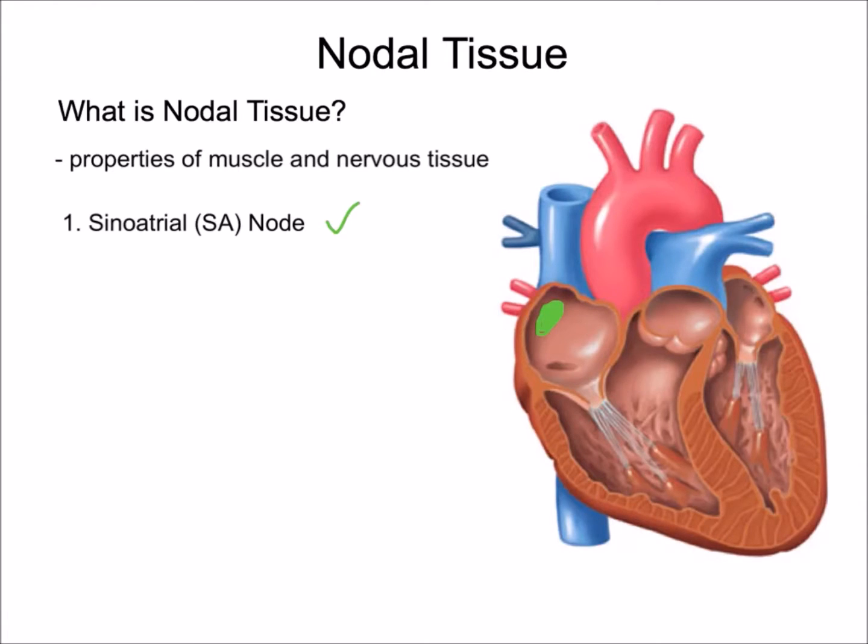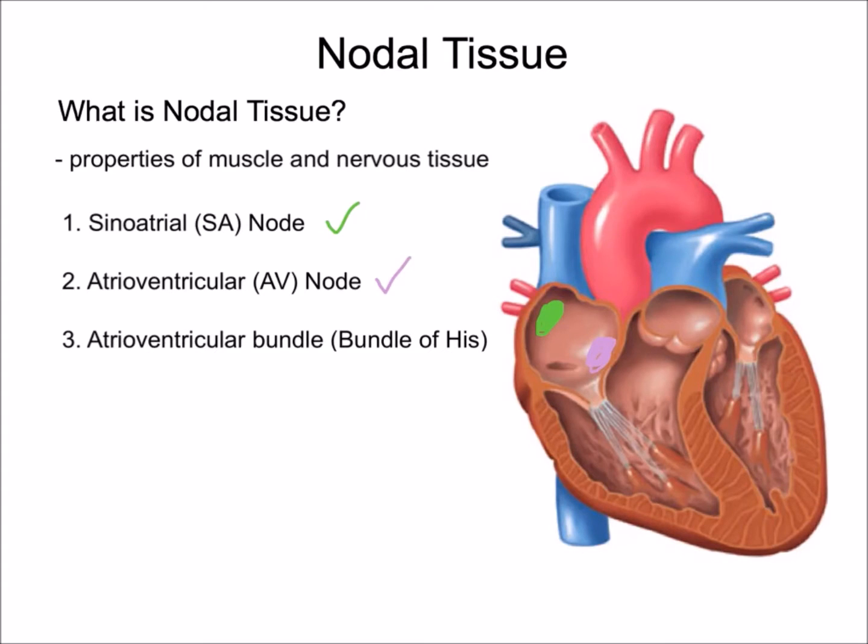The next nodal tissue is the atrioventricular node. The atrioventricular node is also located in the right atrium. After the atrioventricular node comes the atrioventricular bundle, or the bundle of His. The atrioventricular bundle will branch into a right and left bundle branches.